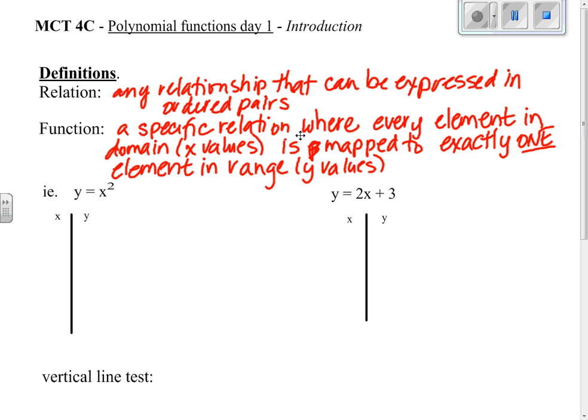A different way of saying it is, for every input, there is only one output or answer.